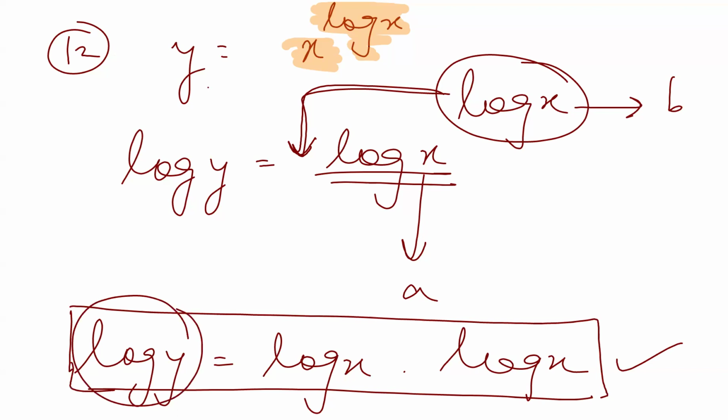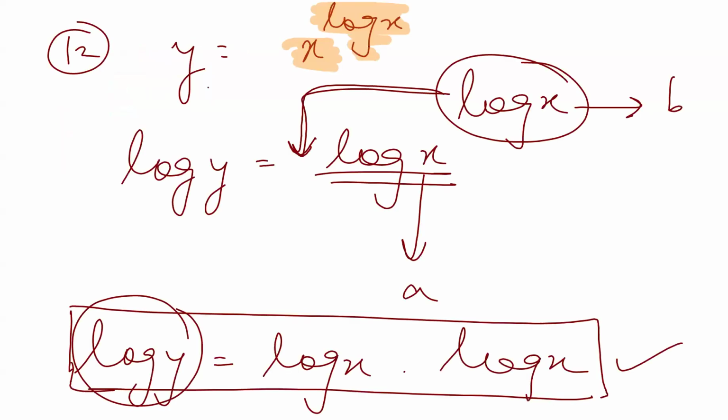Derivative of log y with respect to x is 1 upon y dy by dx. What should be the part of the round bracket? Y, correct. And log x into log x, I'll apply the u into v rule. This is u and this is v.